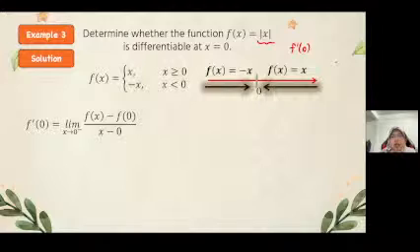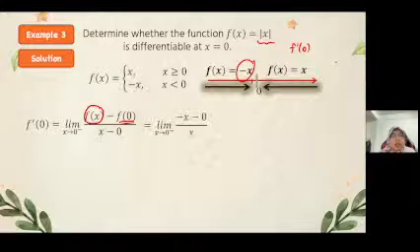So the function that we are going to use is the function on the left hand side of 0, which is negative x, because that is on the left hand side of 0. Okay, so I will replace the f(x) over here with negative x, and then I will replace the x with 0 in order to get f of 0. And then we just need to divide them with x minus 0.